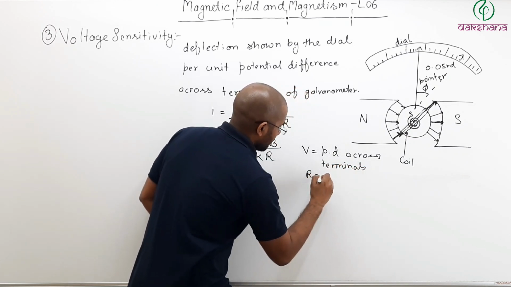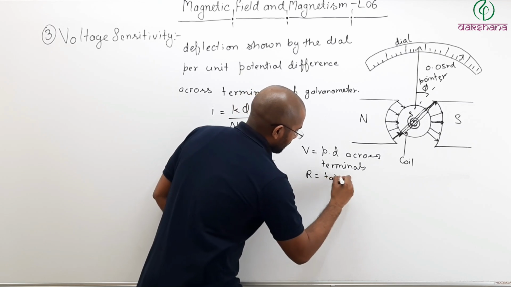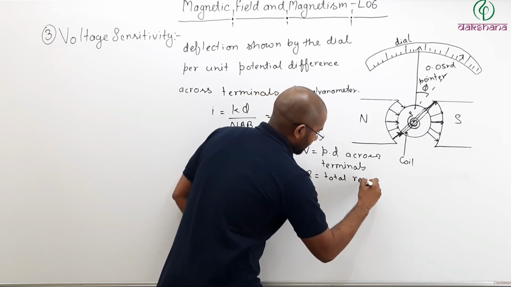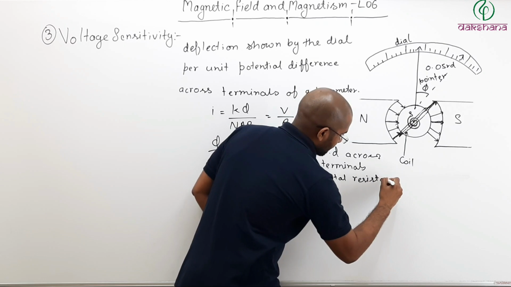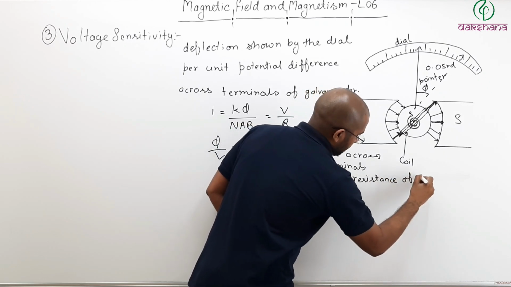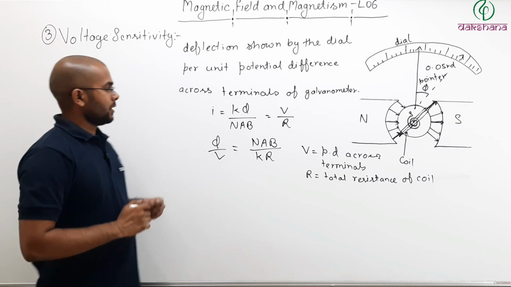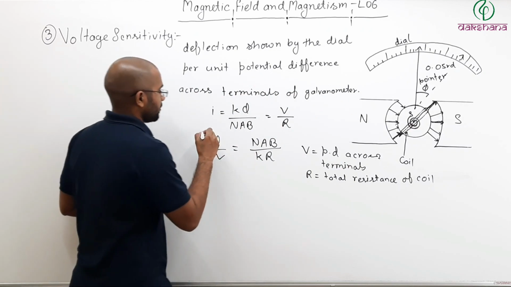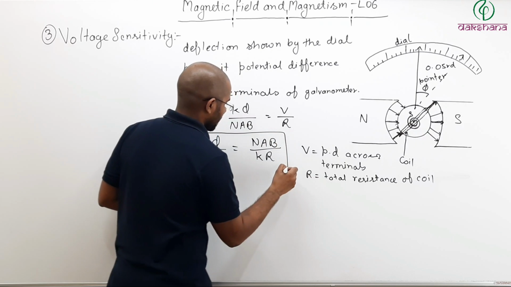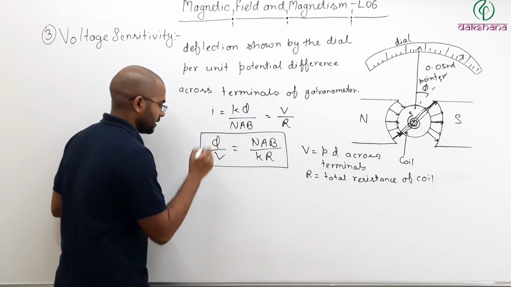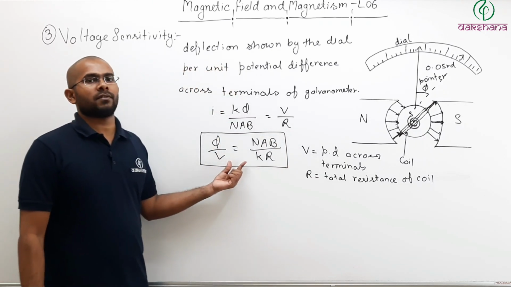And what is R? R is nothing but total resistance of coil, like this. So if you want to measure what is the voltage sensitivity, you can use this formula.